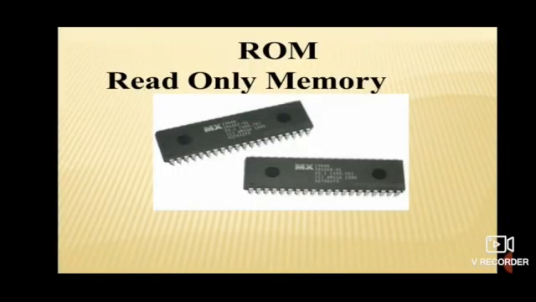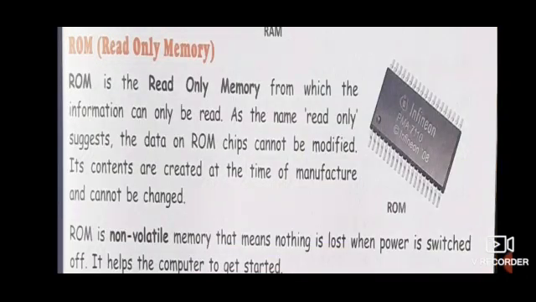ROM is read only memory. As the name implies, read only memory means a memory from which the instructions can only be read. We cannot modify the data, means we cannot make any changes to the data which is in ROM. The contents of ROM are created at the time of manufacture and cannot be changed.